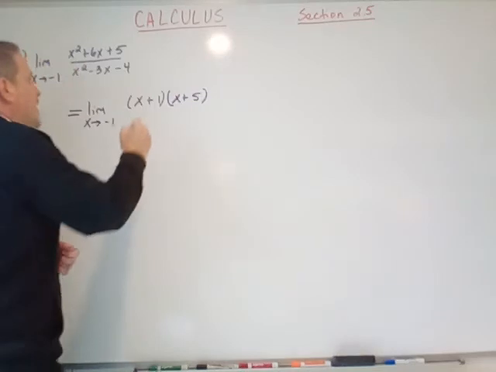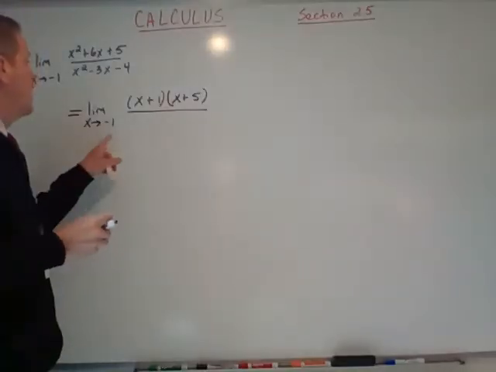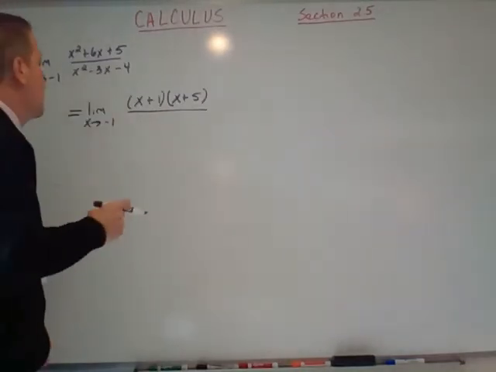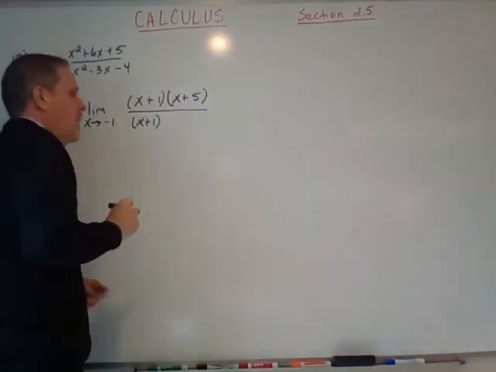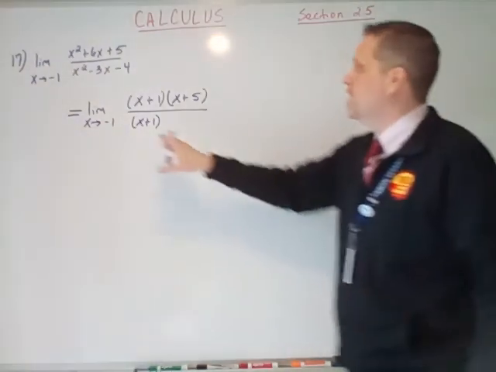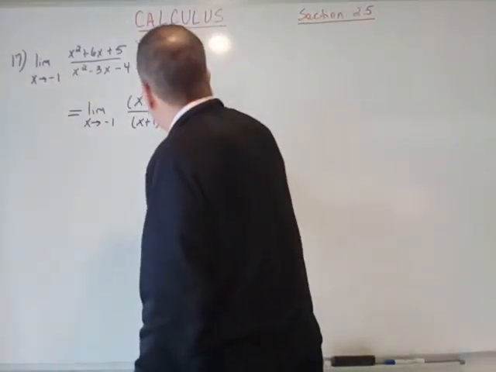Now we're going to divide that by, and again, same rationale. If I know that -1 zeroes out my denominator here, that means that x plus 1 is going to be a factor. And in this case, if x plus 1 is a factor, we can see that x minus 4 is the other factor.